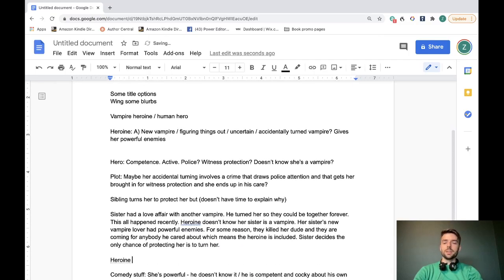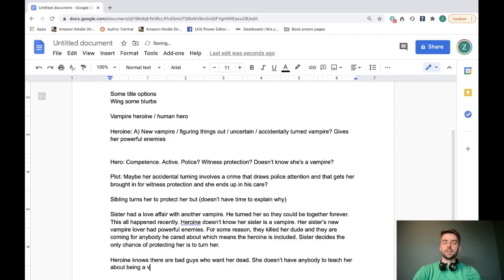So the heroine knows there are bad guys who want her dead. She doesn't have anybody to teach her about being a vampire because her sister got killed. And maybe the crime she witnessed was her sister getting killed. The crime she witnessed was her sister's death. Maybe she was hiding nearby because her sister sensed the guys coming.